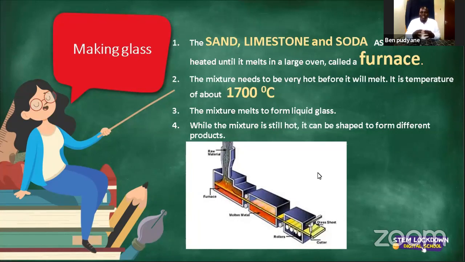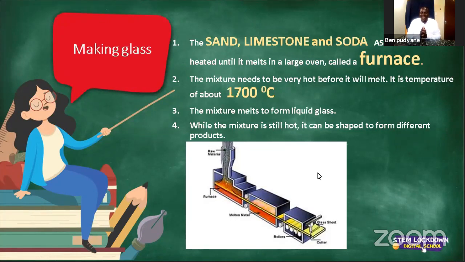It's the fire that was made from very flammable chemicals. So they must mix these three things in that furnace, and it must reach 1,700 degrees for the sand, the limestone, and also the soda ash to come together and make one mixture.